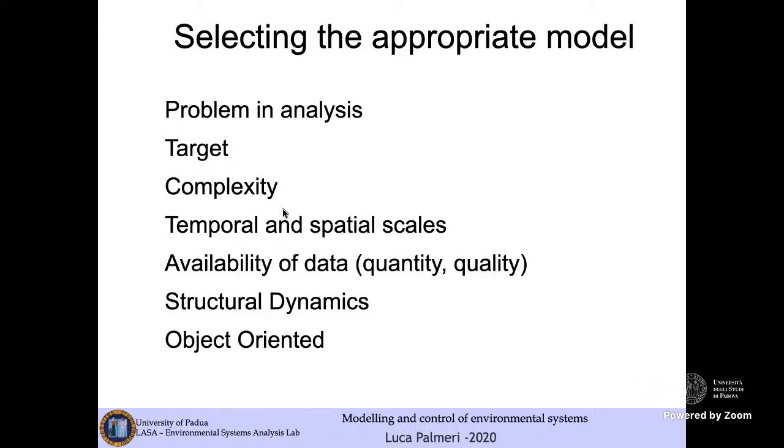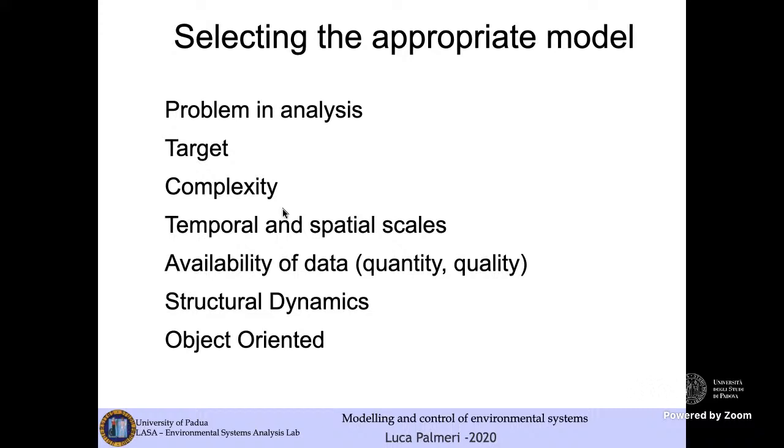I may increase the complication or the complexity of a model without gaining any advantage in our understanding of the system. So the availability of data is the third guidance criterion that will help us in selecting the appropriate model.